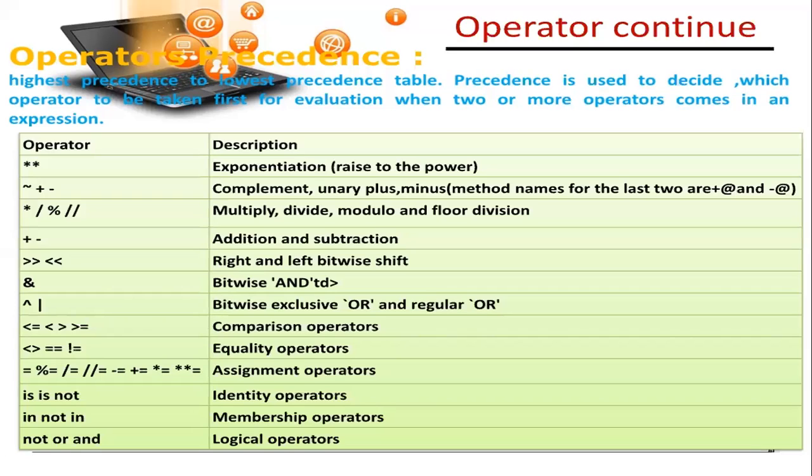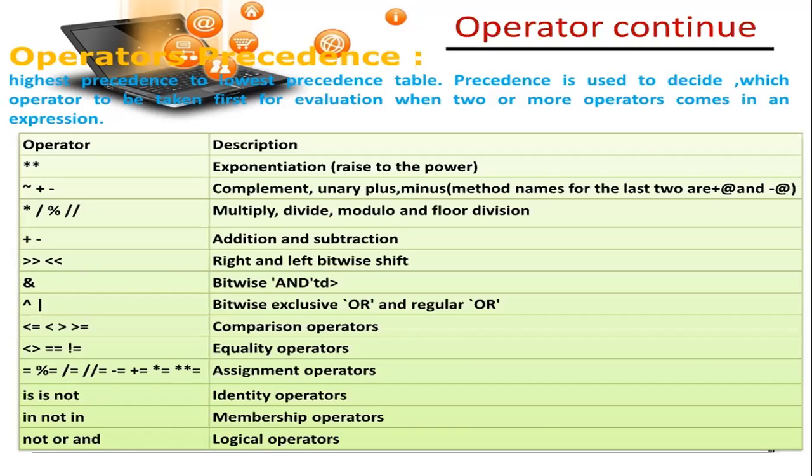That means if there is a line or an expression with more than one operator, there is a set of rules or a precedence that we follow, and this table tells us the order of precedence, from the highest precedence to the lowest.